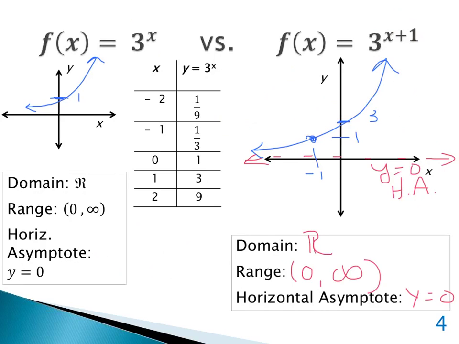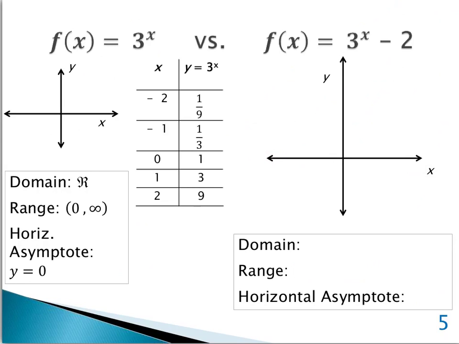You'll notice that this is really 3 raised to the x minus -1. And so that's telling you here, shift it 1. X minus the way you're shifting it, so -1. So if this exponent was x minus 3, you'd be shifting this thing 3 units to the right. And all the y values go with it as it shifts. The horizontal asymptote stays the same.